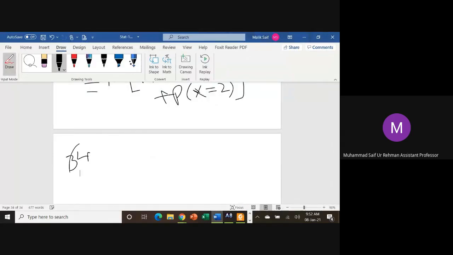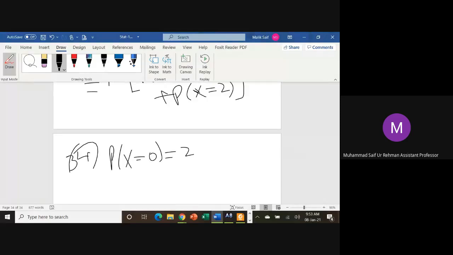Example 34. Probability of x, no vehicle arrived at the toll plaza, so x is equal to 0. It is a Poisson distribution, so mu is required, and mu is given as 2.